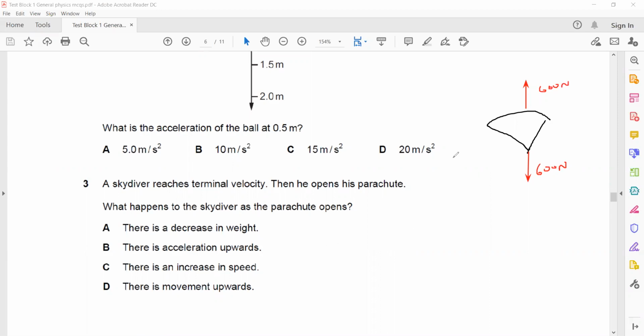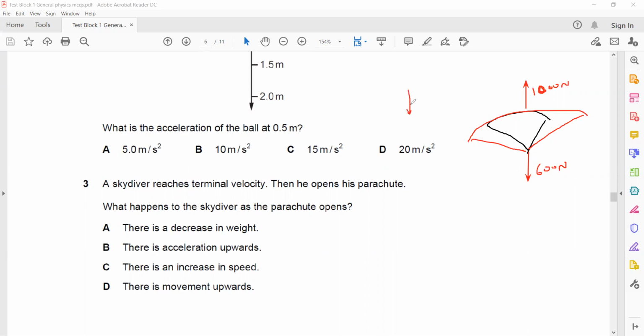But the moment he opens the parachute, like this is without parachute, a skydiver is falling. But the moment he opens the parachute, so what happens? Because the parachute has a large surface area, air resistance increases. In that case, now the air resistance is more than the weight of the object.